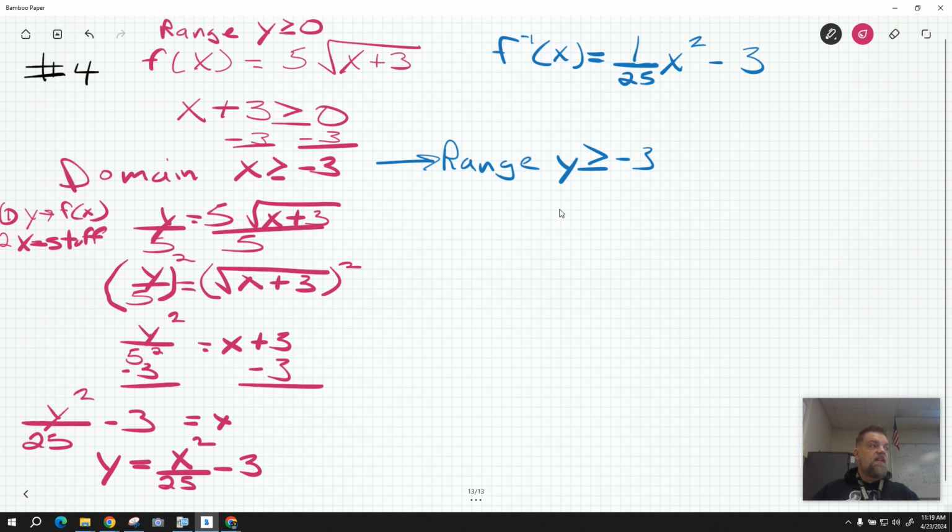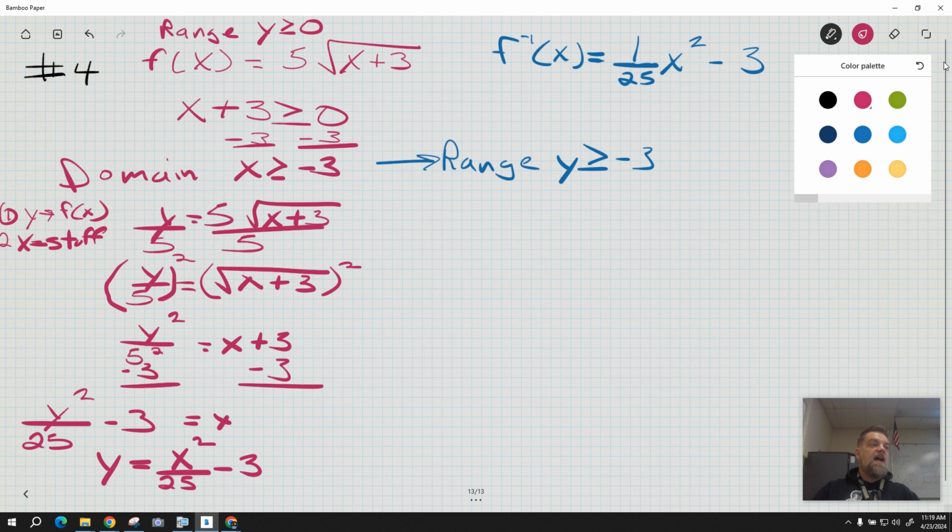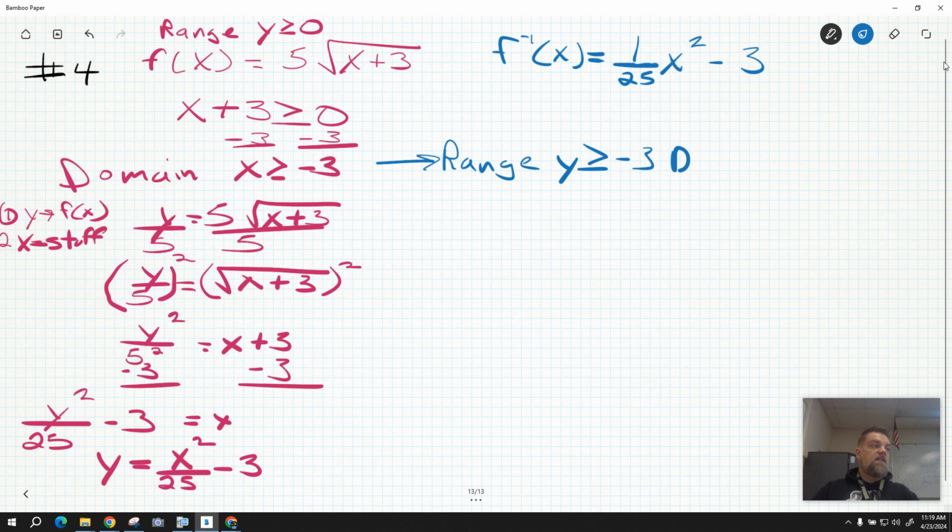So that has an impact on the domain of the inverse. Remember, the range of the actual function has an impact on the domain. So because the range of the function, just by the very nature of the function, is y is greater than or equal to 0, then our domain has to be x is greater than or equal to 0.